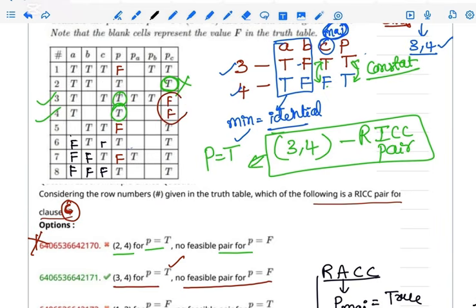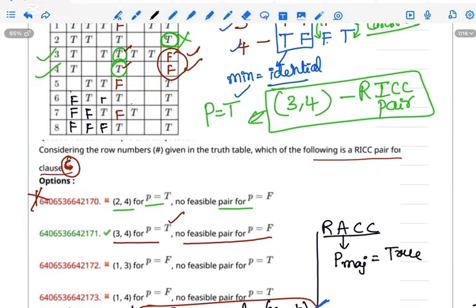For P_C equals false, the predicate is only true. In the given truth table, the predicate column has no false values. So there are no feasible pairs for predicate P equal to false. This option is correct, friends.